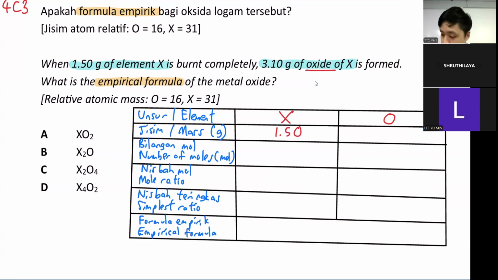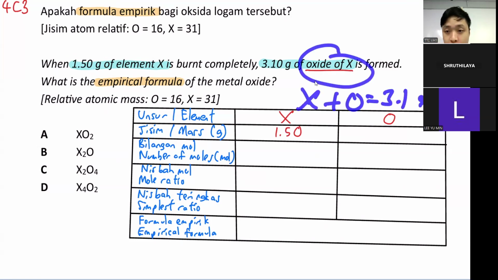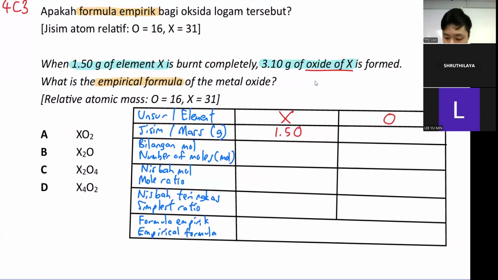You read properly. 3.1 gram is oxide of X, which means X plus O is 3.1 gram. So what is the mass of oxygen when X is 1.5? Minus that: total 3.10 minus 1.50. Then number of moles is mass divide molar mass.